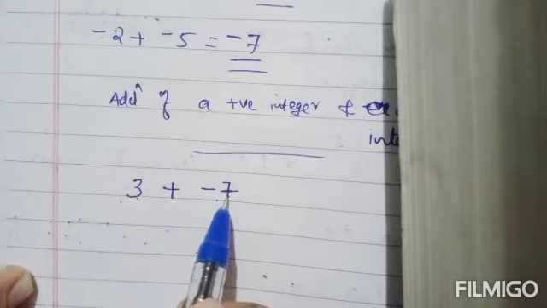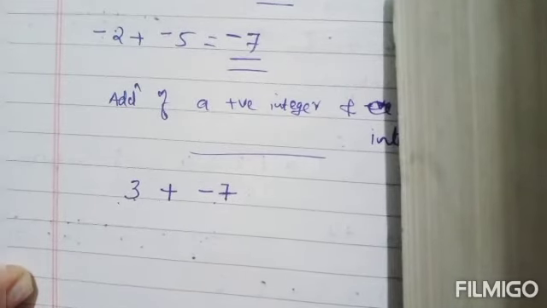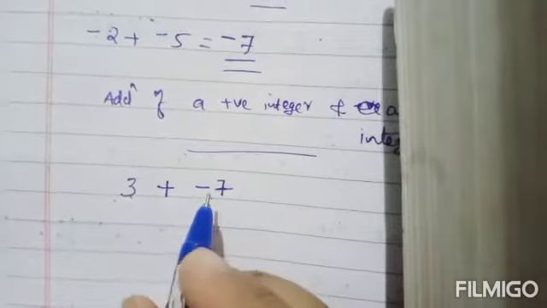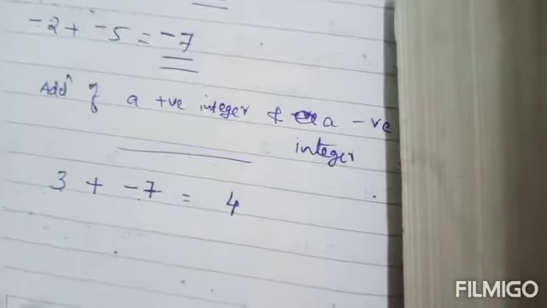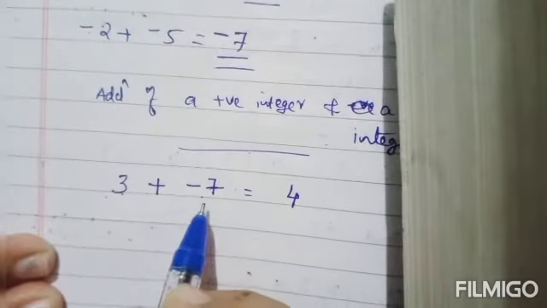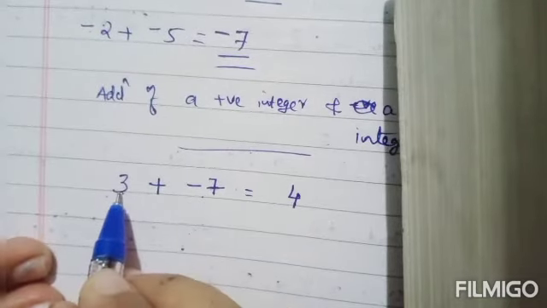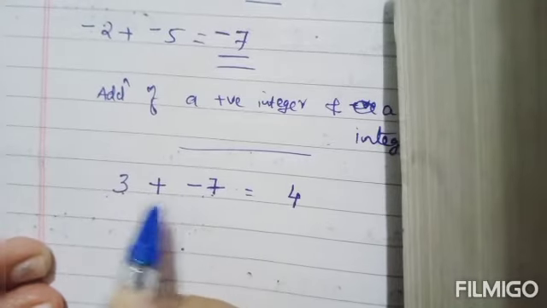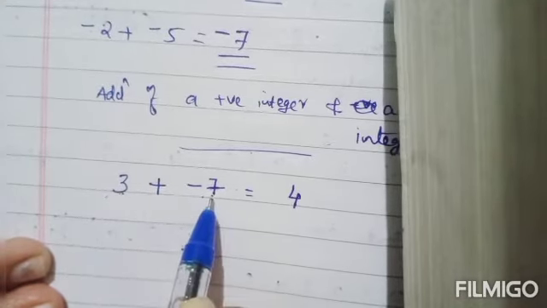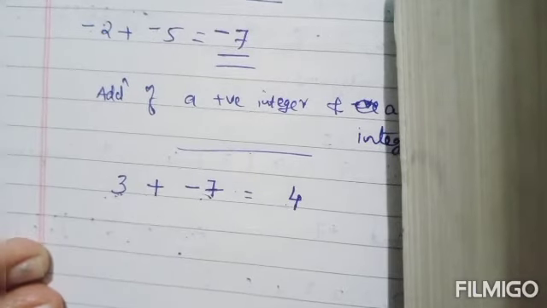So subtract 7 minus 3. 7 minus 3 we know is 4. So the first step is to subtract the smaller number from the greater number.